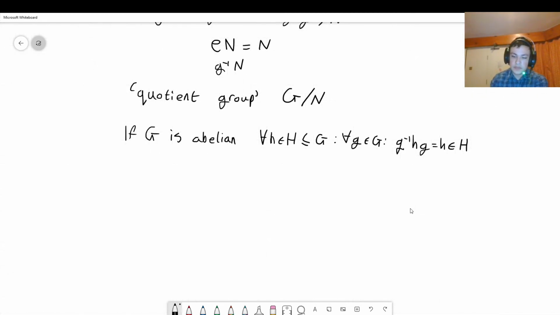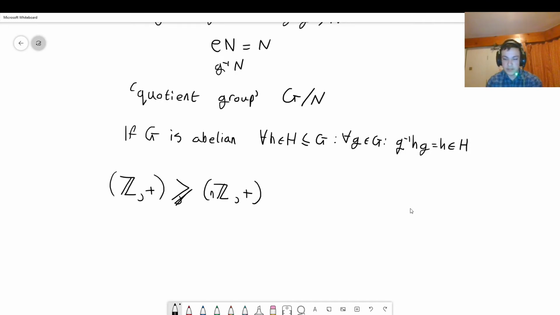Now if we take the group Z under addition and the group nZ under addition, the multiples of n, we have that this is in fact a subgroup, because the multiples of n include 0 and include inverses.